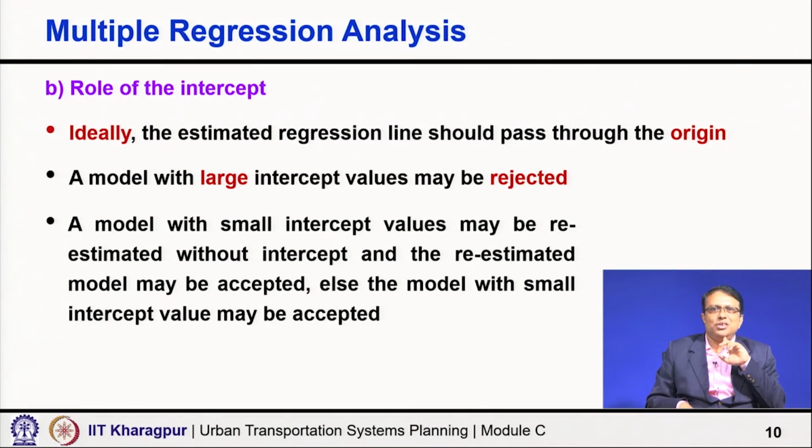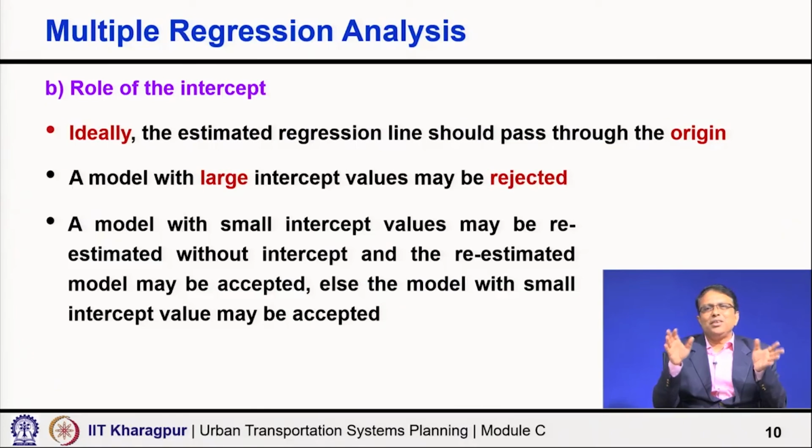There could be two consequences with that. Once you do it, you may find that the coefficient estimates have changed marginally here and there, t values have changed marginally, and R square has also changed marginally, but overall the model still seems logical. Maybe I was getting 0.8 R square, now I am getting 0.72.